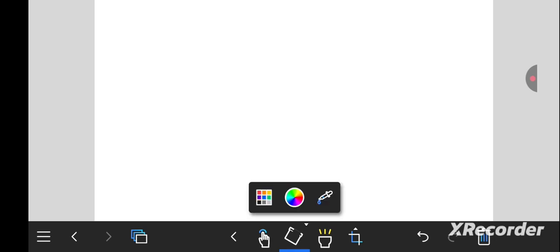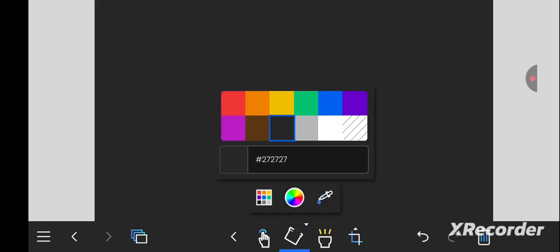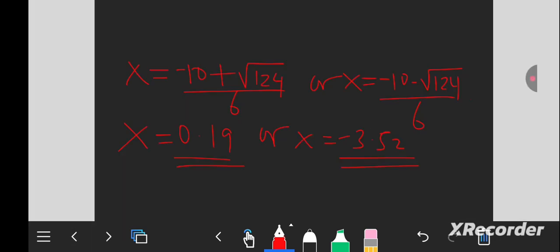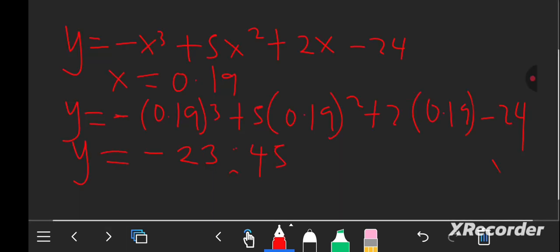The same way we did it, y is equal to negative x cubed plus 5x squared plus 2x minus 24. This time around we are taking x equal to negative 3.52.